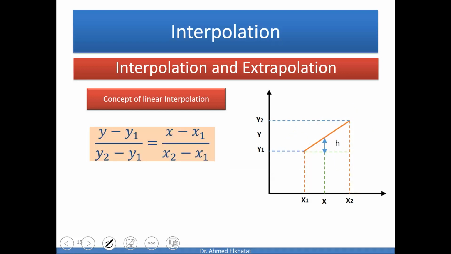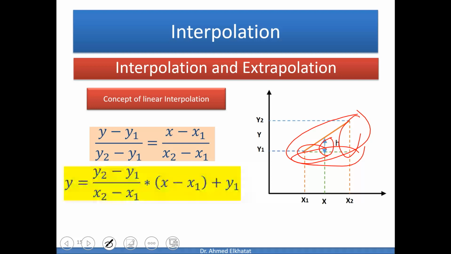So we can say y minus y1, the smaller part, divided by the larger part, y2 minus y1, should be equal to x minus x1, the smaller triangle, divided by the larger part of the triangle, x2 minus x1.